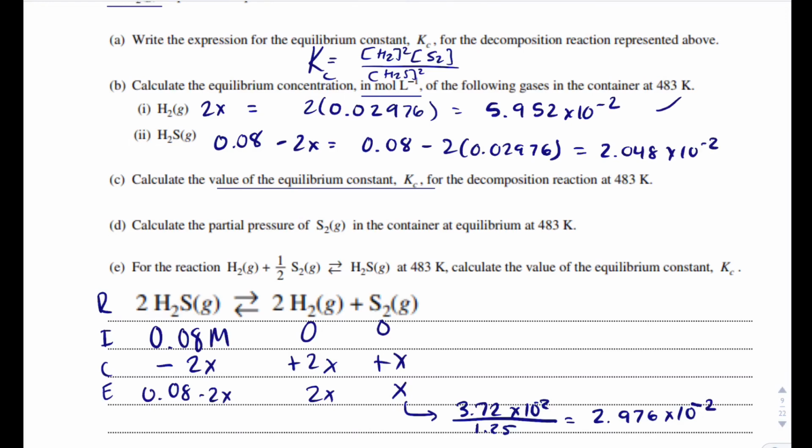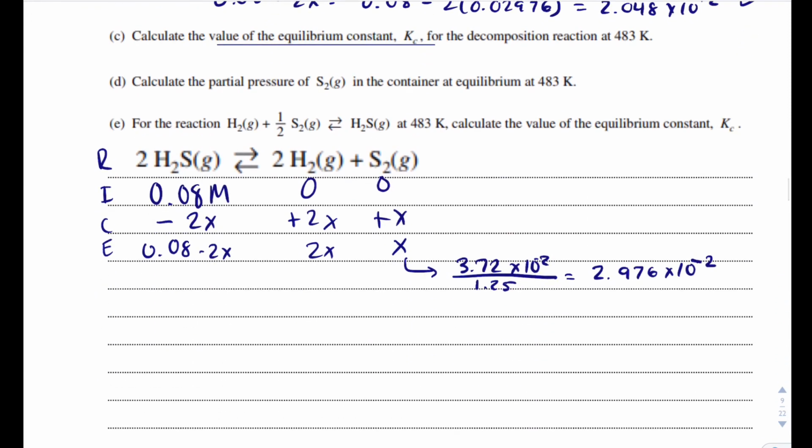So I've solved this one, I've solved this one. I need to calculate the K value. Well, K is equal to H2 squared times S2 divided by H2S squared. I know the equilibrium concentration of everything now.